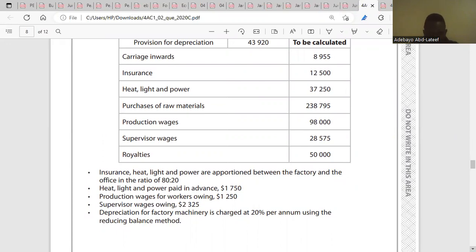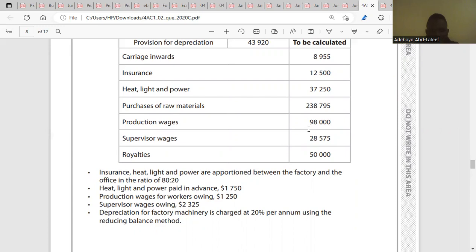Are you there with me? Heat, light, and power paid in advance, okay, we don't need that. So it said ratio 80 and 20.